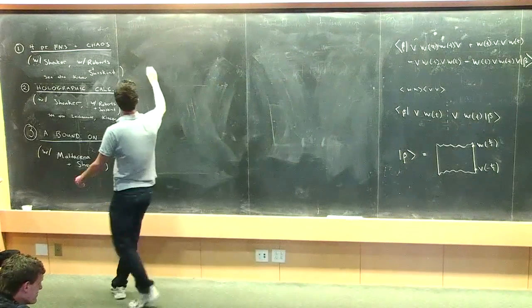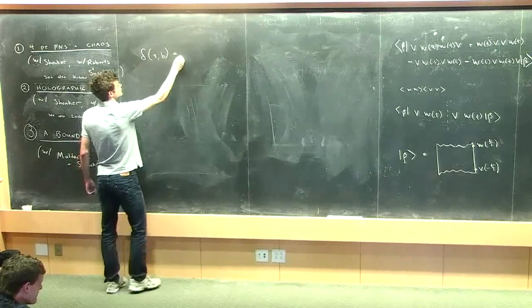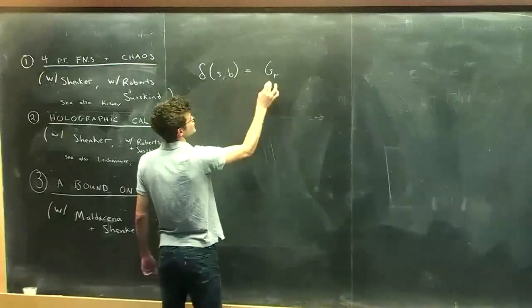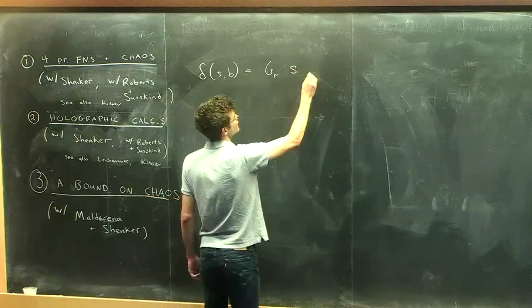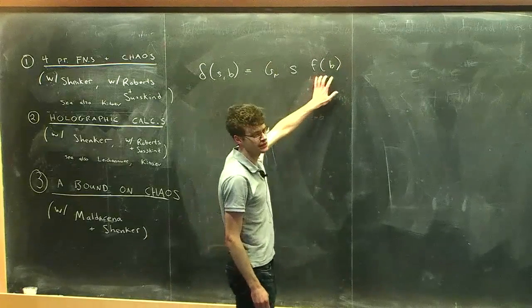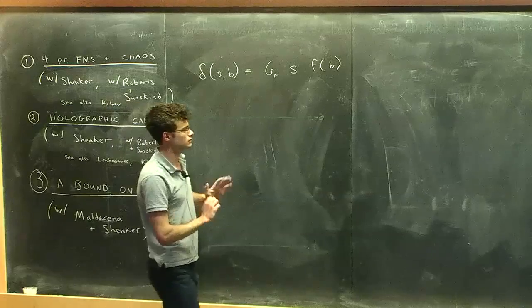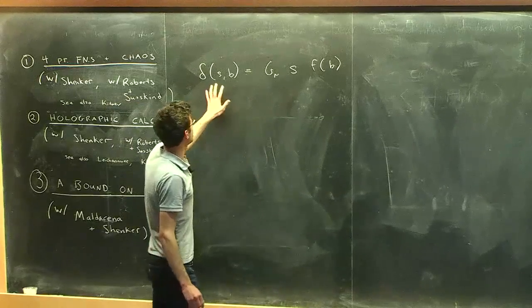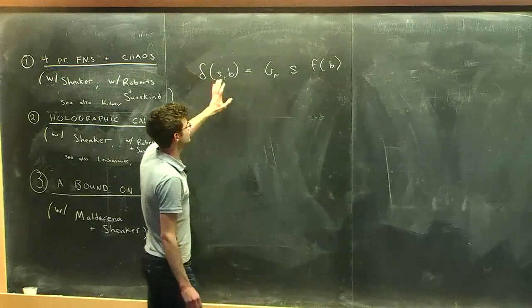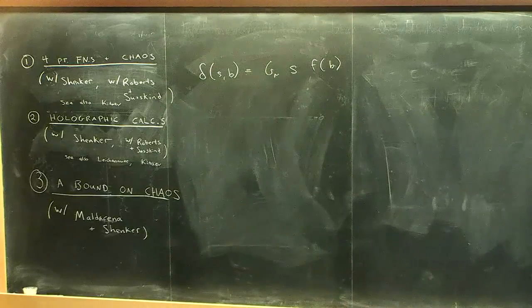And the result in general is that this phase is suppressed by G Newton, but it's proportional to s, and it's a function of b, where this function is exponentially decaying with transverse separation along the black hole horizon. At very high energies, this isn't accurate, and the phase becomes complex, reflecting the fact that some of the state vector is going into inelastic final states.